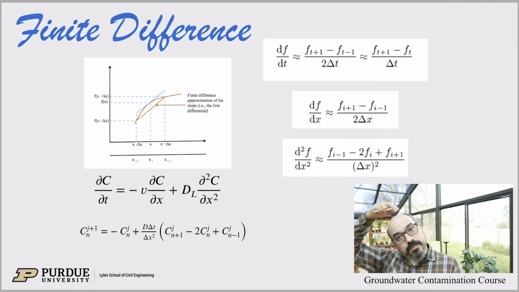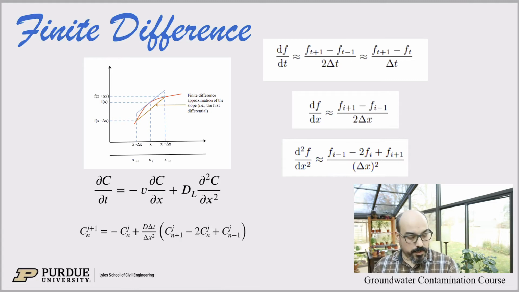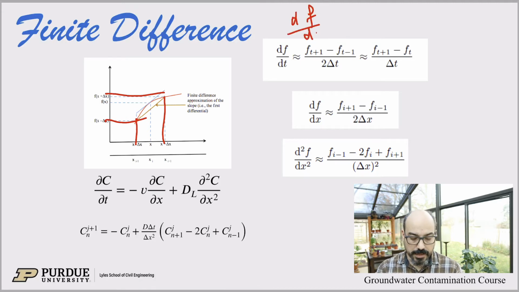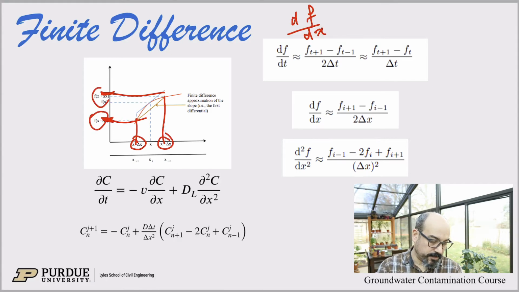So again, this is just a very quick reminder because we went through all this. Finite differences essentially represent a differential operator, so d of some function, d x or t, right? And we represent it as a difference as opposed to a differential, meaning the function at x plus dx and the function at x minus dx, divided, so the slope, essentially, this slope here, is just df over dx, right?